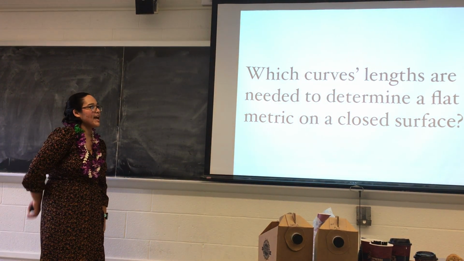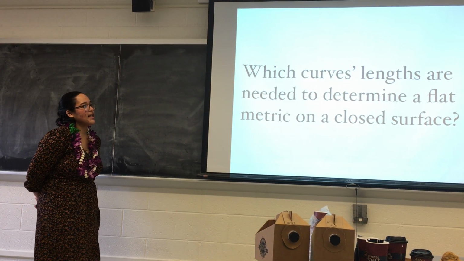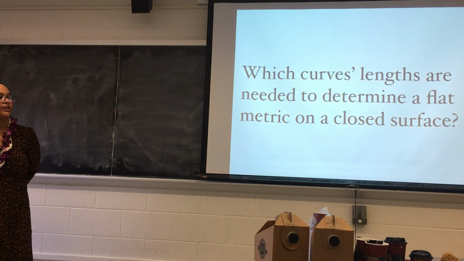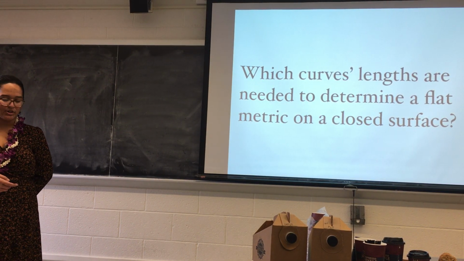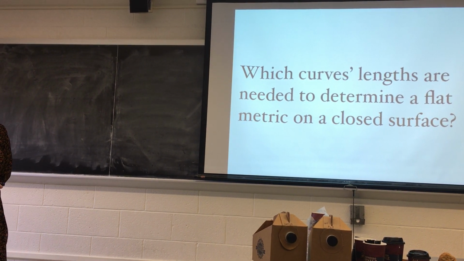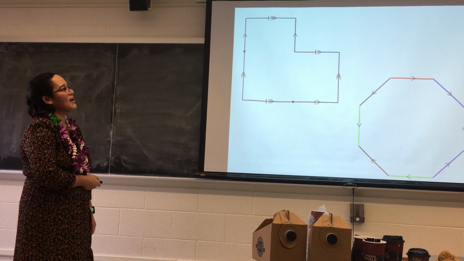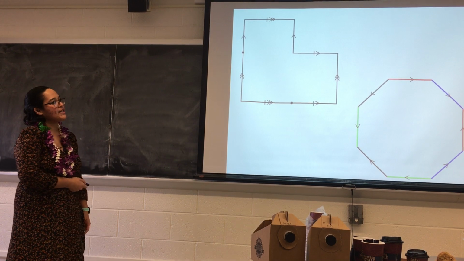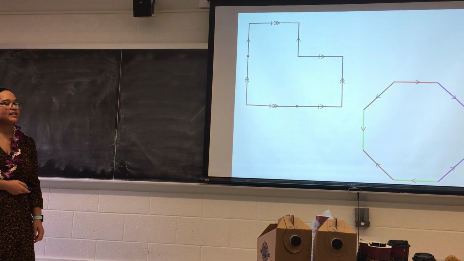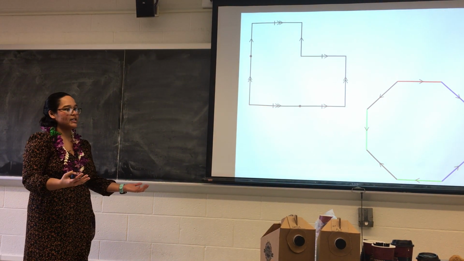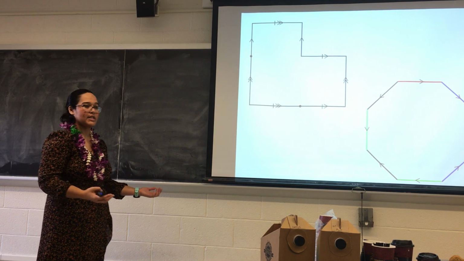One question you can ask is, which curve lengths are needed to determine a flat metric on a closed surface? This is a question that has been thought about by other people. But first, just to say what I mean by a flat metric, a nice example of a flat metric on a surface is just looking at polygons in the plane and gluing their sides.